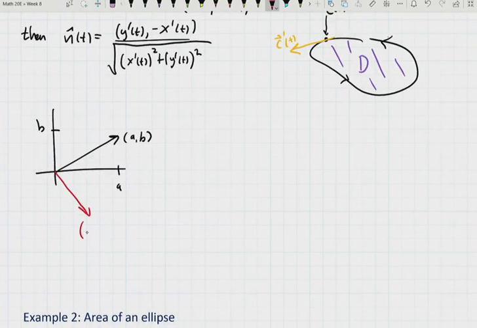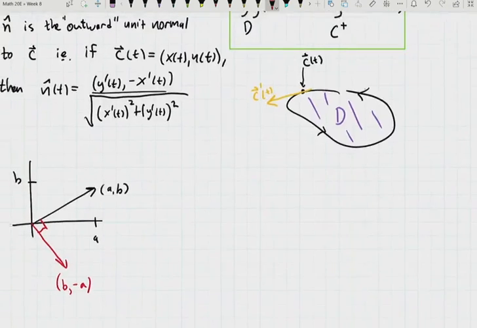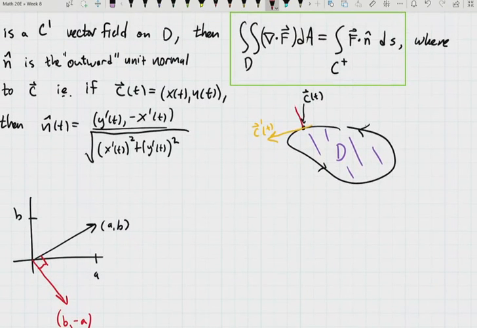So this will be at the point B negative A to make a right angle right there. So this vector right here is n hat. It sticks out at a 90-degree angle from the tangent.